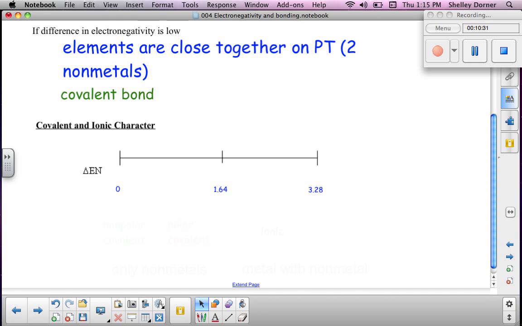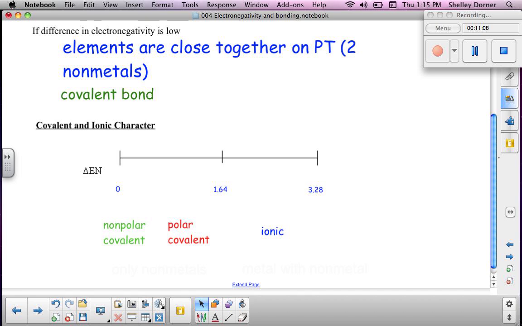But if we look at this in terms of what we know about polar and nonpolar and ionic bonding, we can see that our nonpolar covalent bonds are on the far left end of our continuum. As the electronegativity difference becomes greater and greater, our bonds become more and more polar. And as that electronegativity difference becomes even greater still, our very polar bonds can no longer be described as a sharing, but are better described as an ionic bond in which a transfer of electrons has occurred.